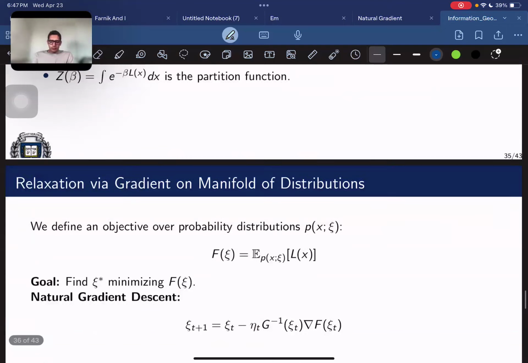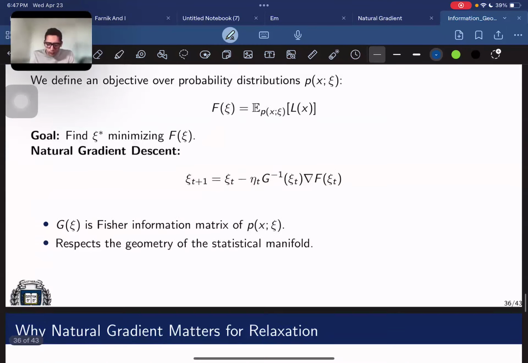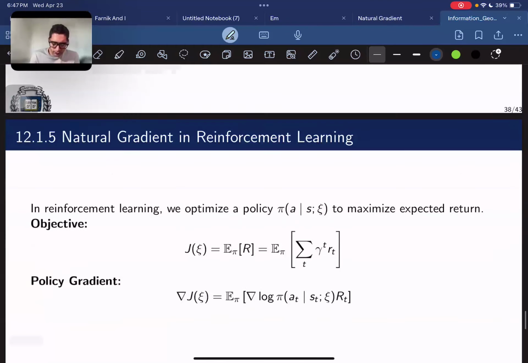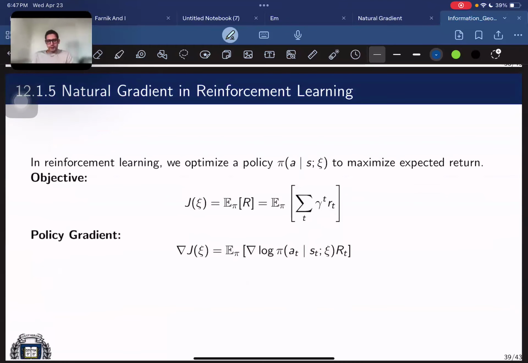I don't think I have enough time to go over this, but I wanted to talk about reinforcement learning and natural gradient descent. Okay, this is just a very brief explanation of natural gradient in reinforcement learning.